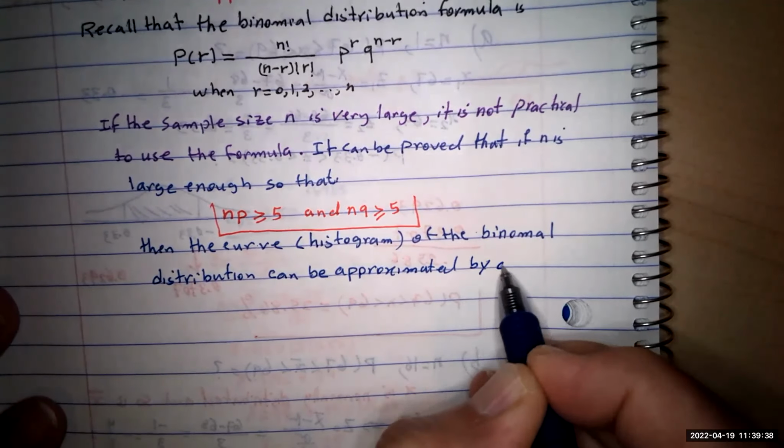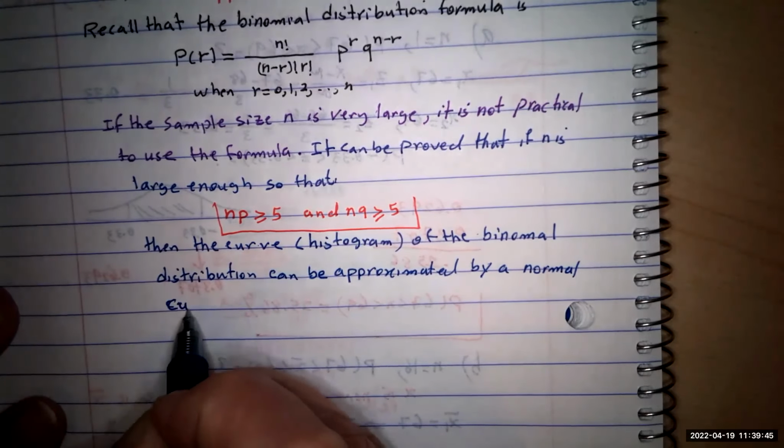You know that the normal curve is a Z curve, a bell-shaped curve.